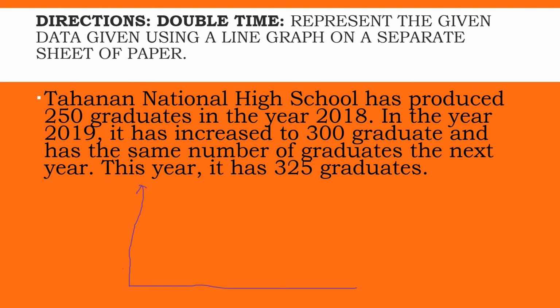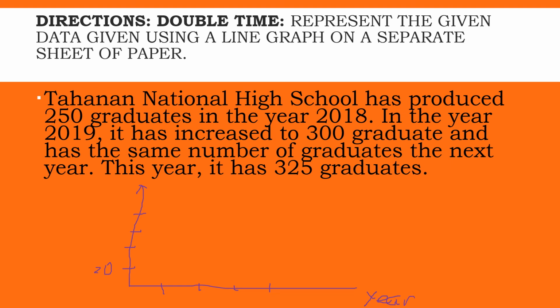And then at this side, I think there are 4 years because it started with 218. So dito natin siya ilalagay sa baba, the year. So this is the year and the number of graduates here.